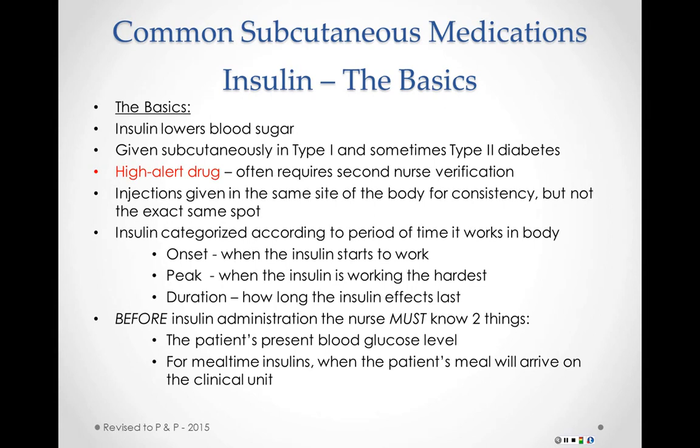High alert medicines are drugs that bear a heightened risk of causing significant patient harm when used in error. This classification sends an extra warning to the nurse to be very careful. In some agencies, a second nurse must verify the accuracy of the insulin dose before it is given.